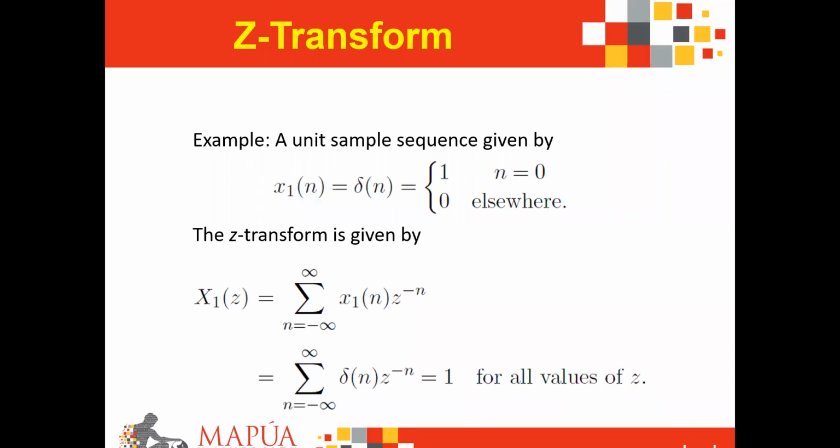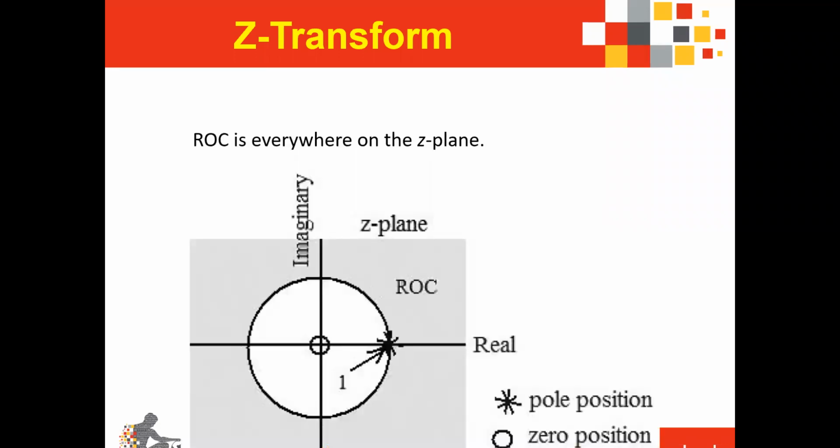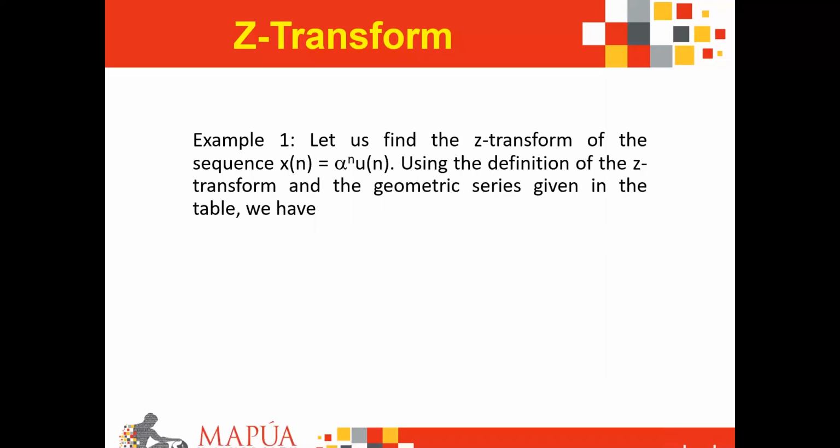For all values of z, parating 1 na siya kaagad. 1 lang siya talaga. Tapos yung region of convergence is everywhere on the plane. Lahat ng area, region of convergence. So for example, meron akong unit step here.